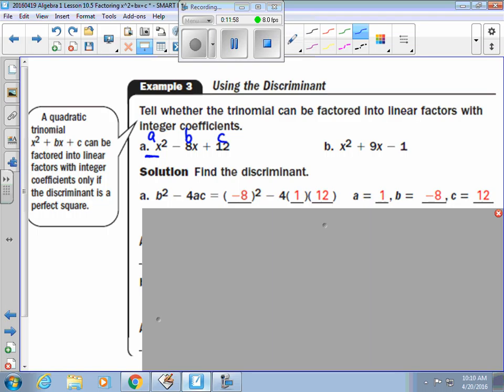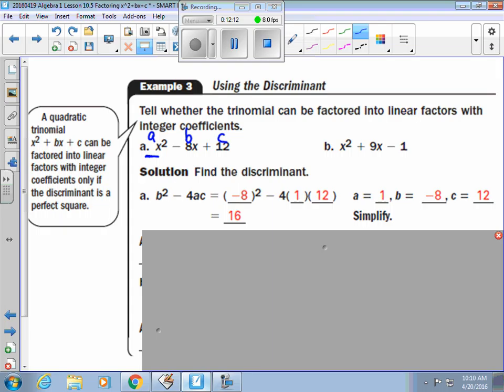So negative 8 squared is going to be 64. Negative 4 times 1 is negative 4. And negative 4 times 12 is negative 48. So when we simplify all of that together, 64 minus 48, we get the number 16.